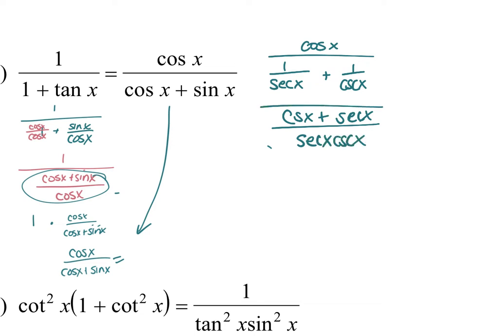That's the denominator, so it's still under cosine. And then you'd have to make cosine 1 over secant x. Flip it. And then these cancel.